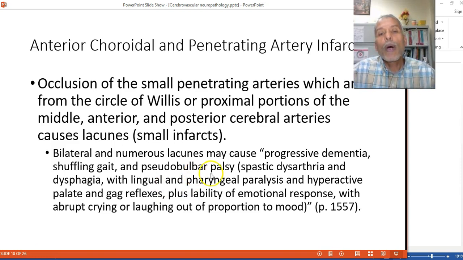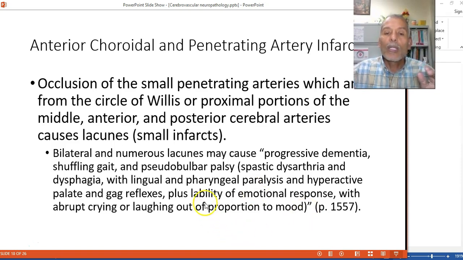Also pseudobulbar palsy. That is a spastic dysarthria, in addition to dysphagia, in addition to lingual and pharyngeal paralysis, and hyperactive palate and gag reflexes.